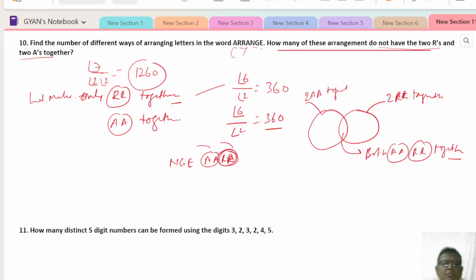So this is one entity and this is also one entity. So the total will be factorial 5. And this is factorial 5, that means 120. So both AA and RR together is equal to 120. So this is 360. This is 360.